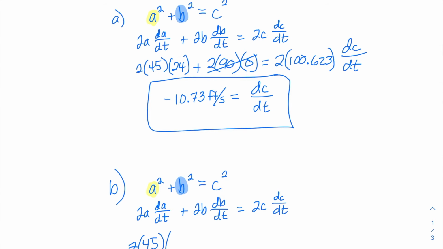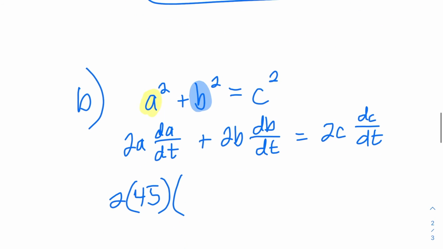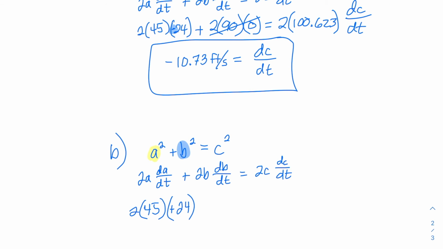45 times. Now our change in dA/dt, so here, the way that this comes up with a negative is because we're technically making a smaller in part A with that negative value. And here we would technically have a plus value. This would be increasing at a rate of 24 feet per second.